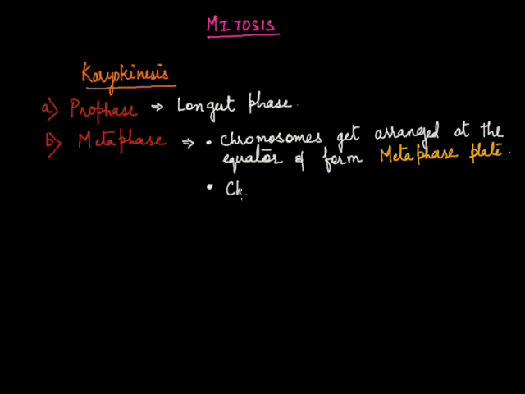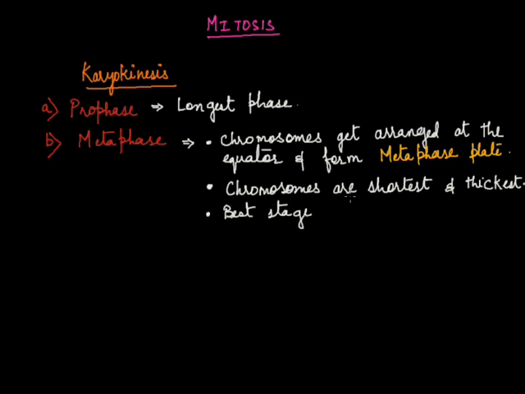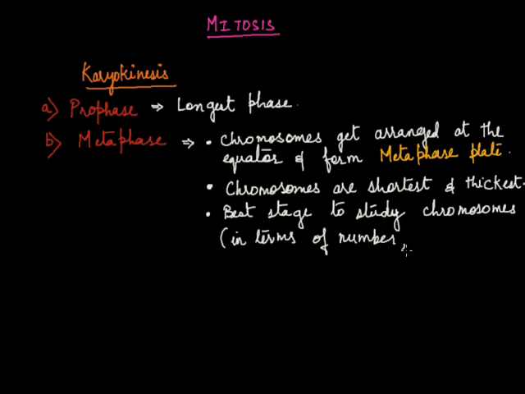Chromosomes are shortest and thickest during the metaphase stage. It is the best stage to study the chromosomes, in terms of number and shape, so we can say the overall study of chromosomes can be done at this stage.